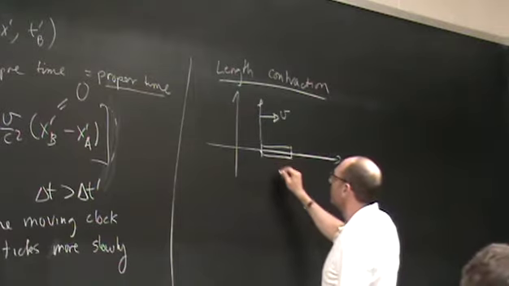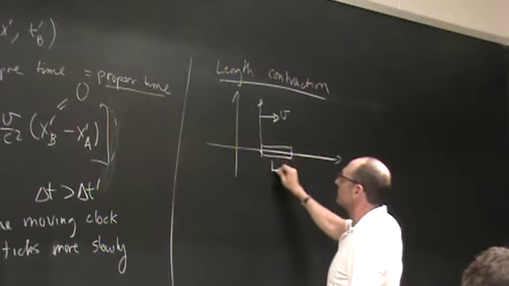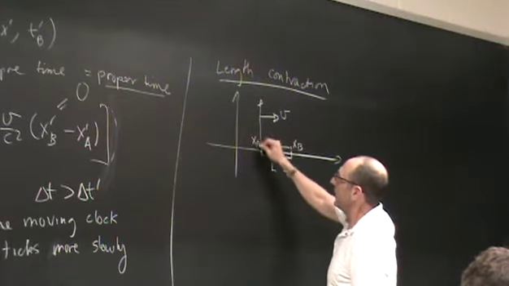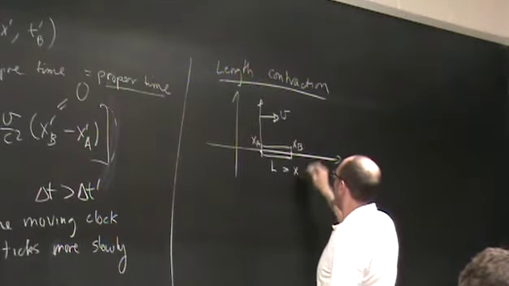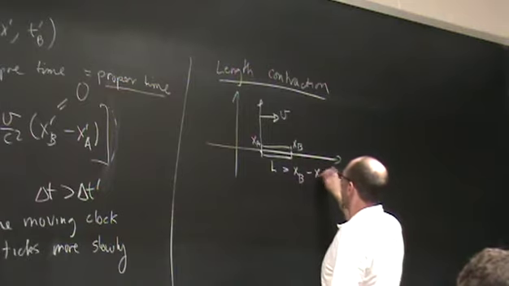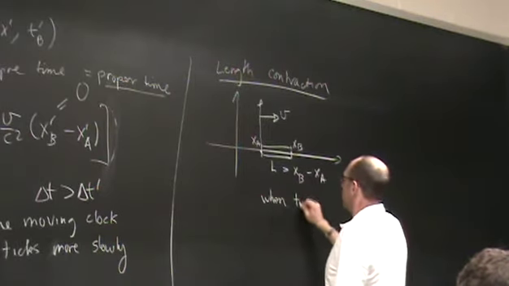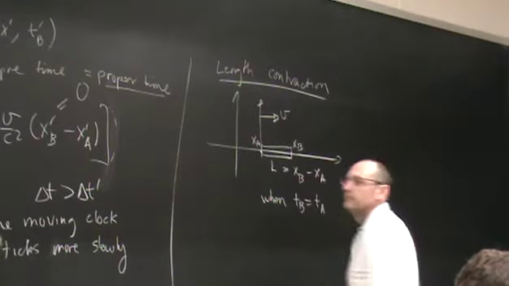So if this is xb and this is xa, the length is xb minus xa when tb equals ta.